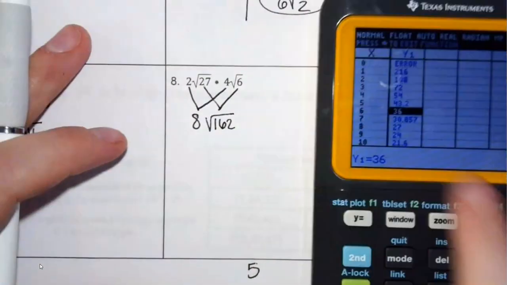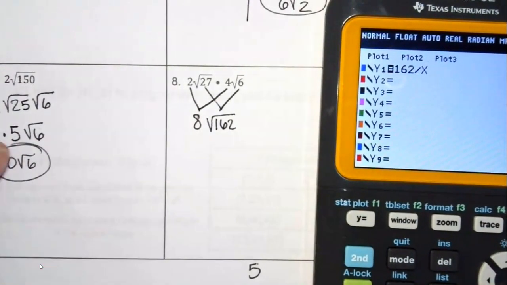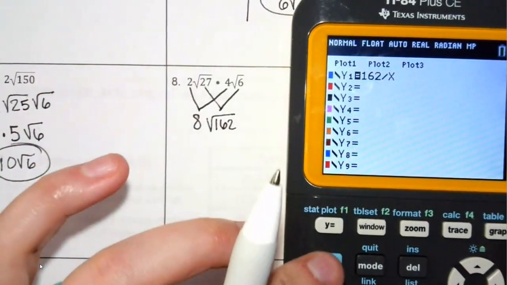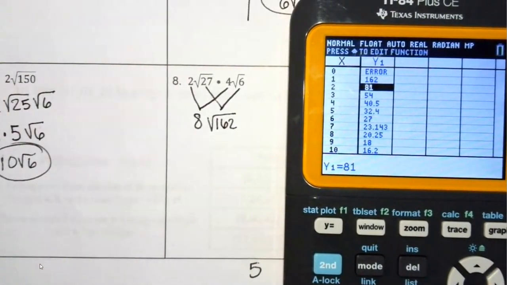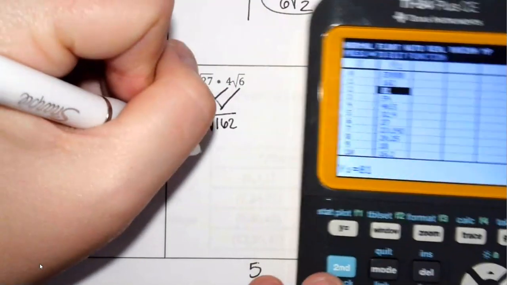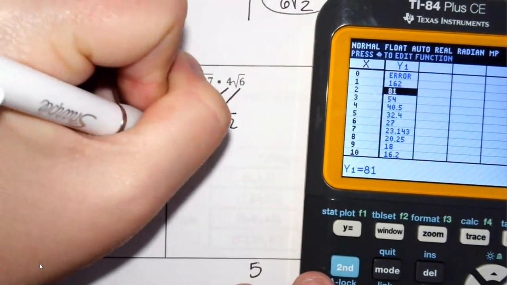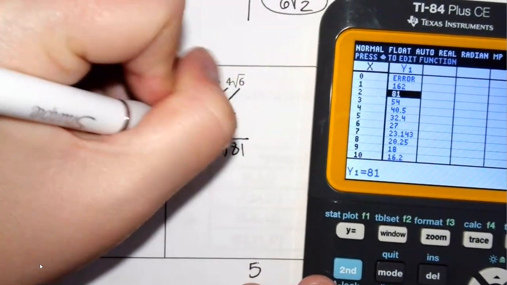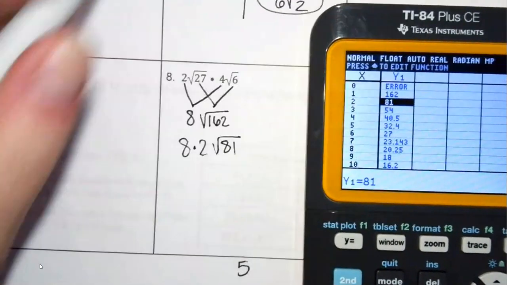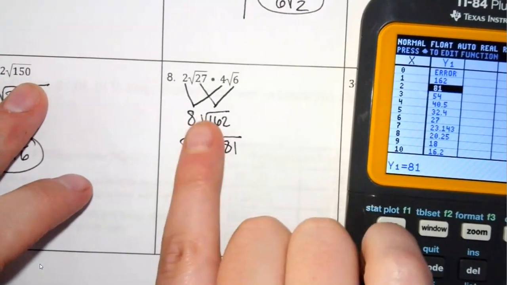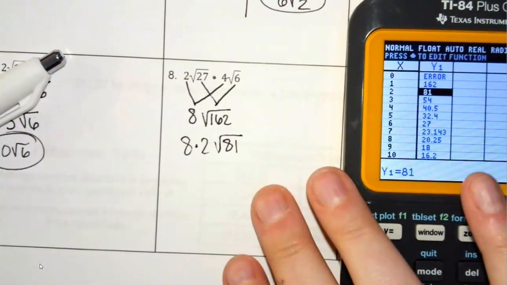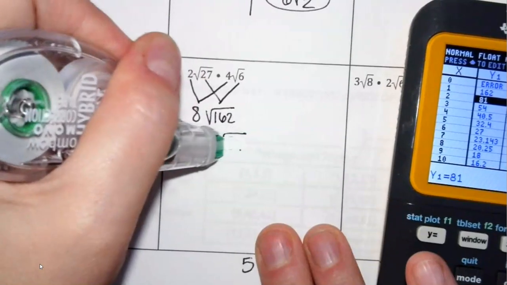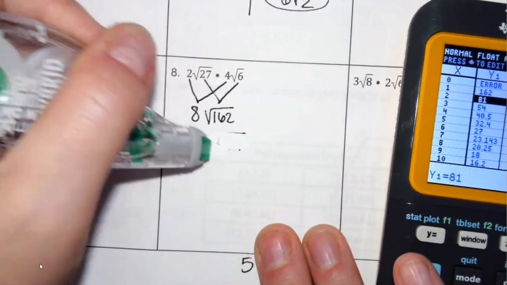Now we can simplify. So we type y equals 162 divided by x. Go to our graph. This is a fairly easy one because 81 is a big perfect square, and it goes into this evenly. So 2 times 81, sorry, no, that's right, except that's wrong, the way I wrote it. I don't know, I'm going crazy here.